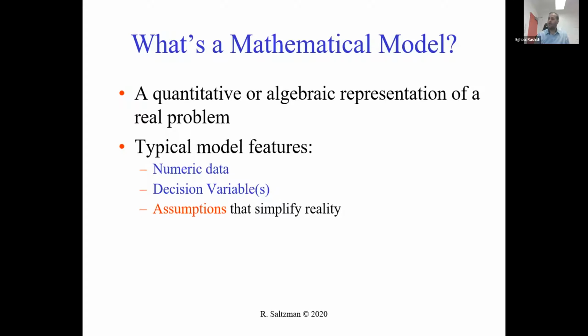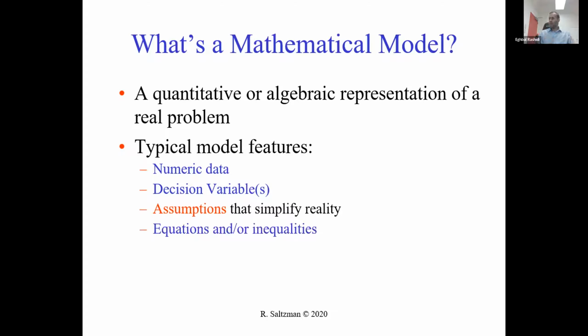Otherwise, we won't be able to model a realistic problem. But there are a lot of different dynamics that we might not understand. So there is a popular saying that all models are wrong, but some are useful. This is a very famous saying about models in management science.